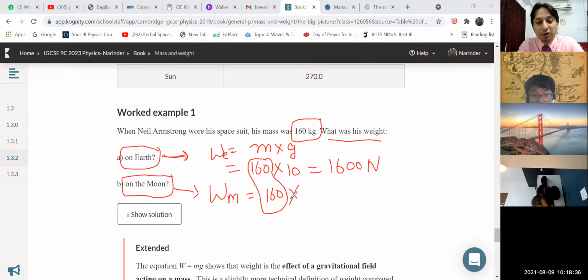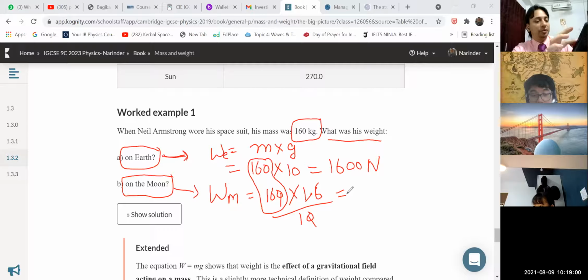What is the value of g on the Moon? 1.6. Okay, students, even if you can remember, 1.6. So if I remove this decimal, then 10 I need to put here. This will be cancelled out. 16 multiplied by 16. May I know how much is this? 256 newtons.